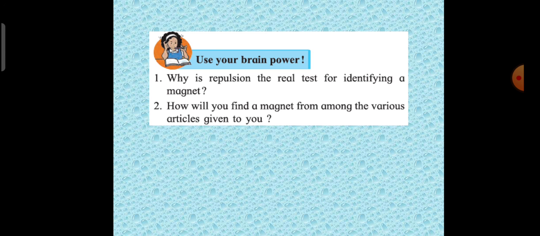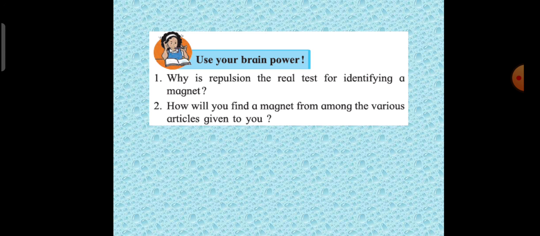How will you find a magnet from among the various articles given to you? If various articles are given to you, first you will take a bar magnet. Bring any pole near both the ends of each object given. If there is an attraction at both ends, then we understand that the object is not a magnet but a magnetic substance such as iron, nickel or cobalt.